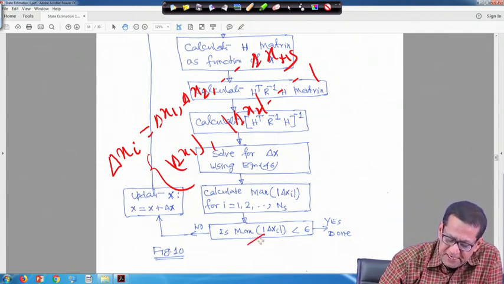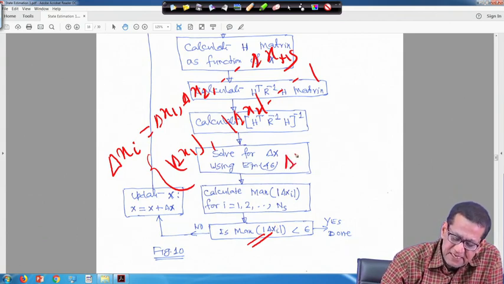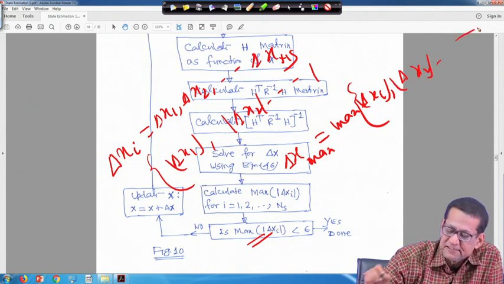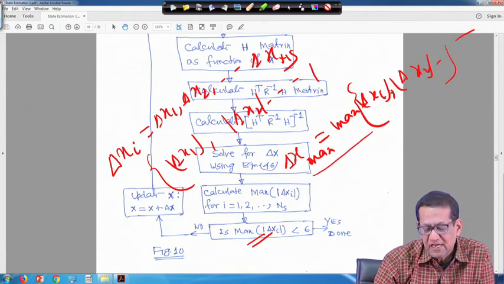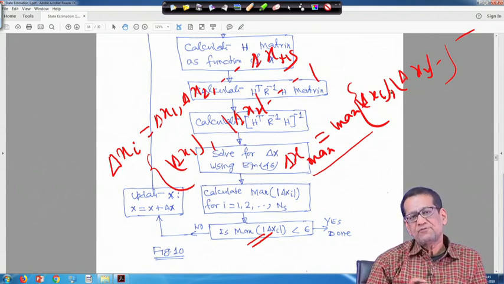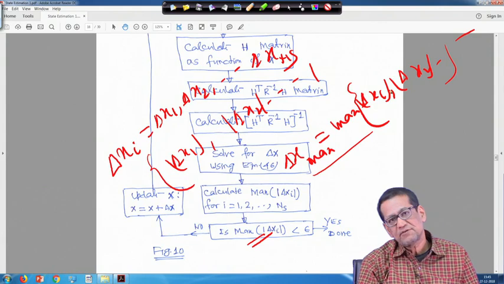Suppose delta x max is equal to max of delta x 1, delta x 2, like this. You take all the delta x values and take the maximum one, absolute value of course, right.